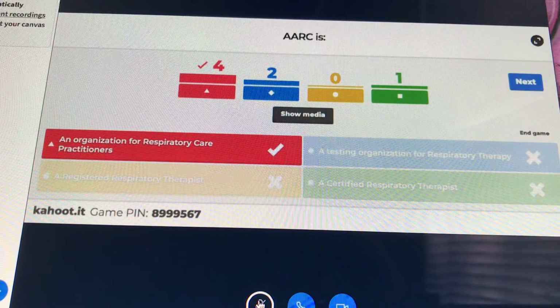A certified respiratory therapist is just that, a certified respiratory therapist, just as a registered respiratory therapist is a registered respiratory therapist, or RT, respiratory care practitioner. So they're not an entity, they are people. They're what you guys are going to be. And the testing organization for respiratory therapy is called what? NBRC, right? The National Board of Respiratory Care.